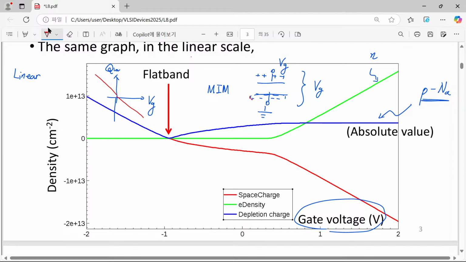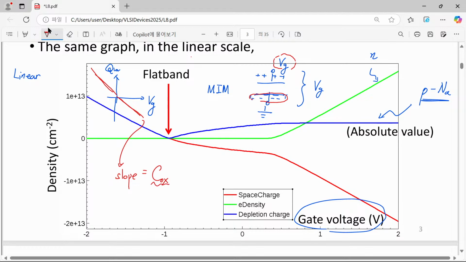Since we are now looking at the lower part, but gate voltage is applied to the upper part, that's the reason why we have an inverted sign here. So maybe we will have this kind of behavior. And here we have a slope, and this slope corresponds to what? It corresponds to the oxide, our insulator capacitance.